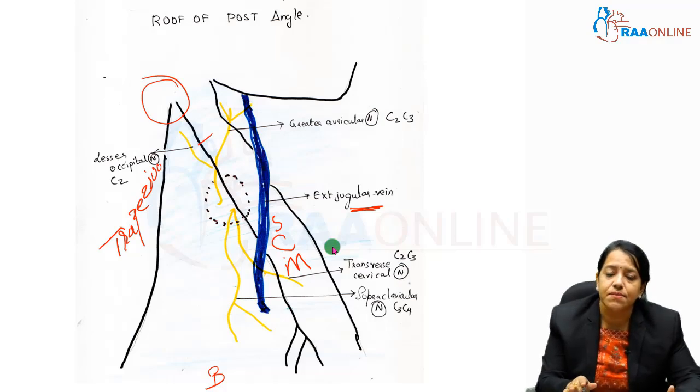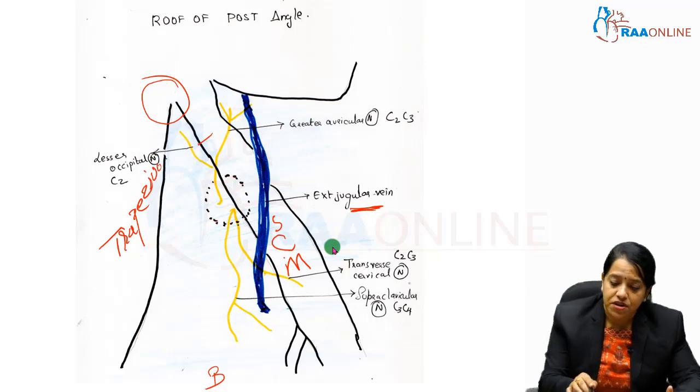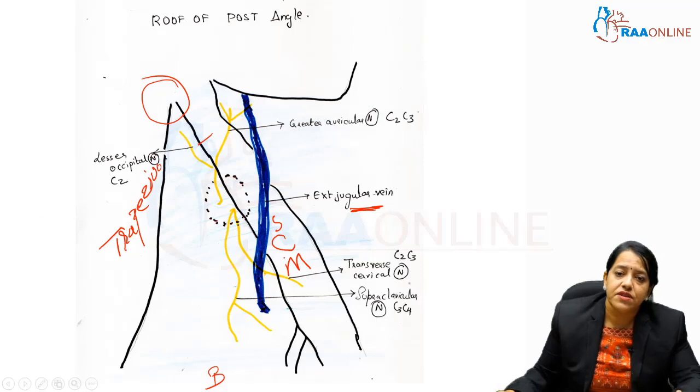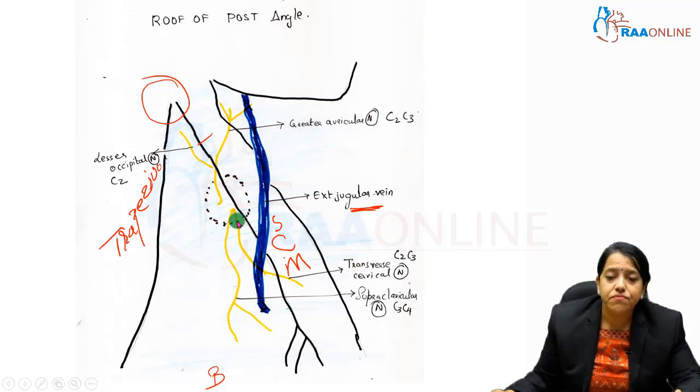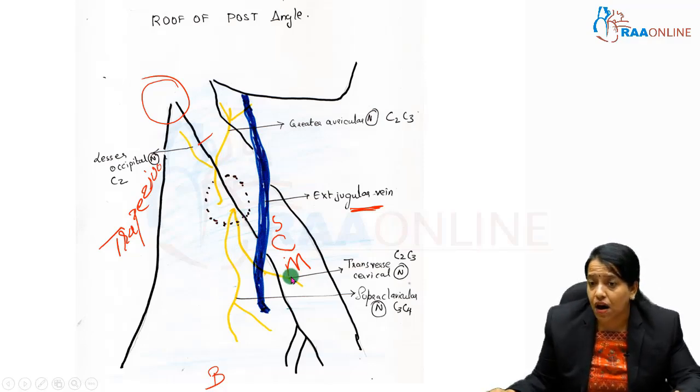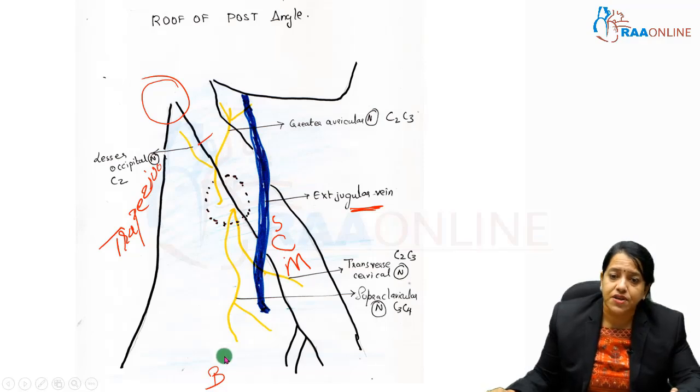Secondly, we see some nerves originating from a point on the posterior border of sternocleidomastoid. These are the cutaneous nerves which come out from this point and innervate the skin over the posterior triangle.